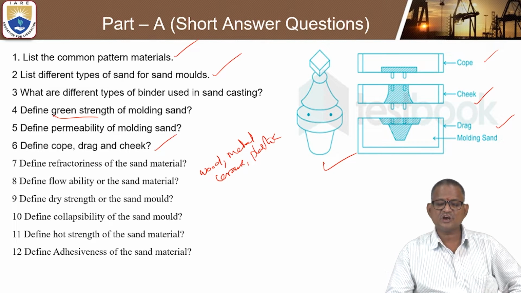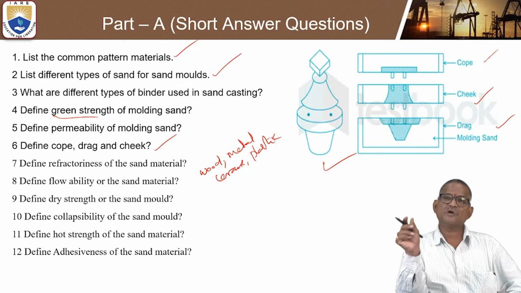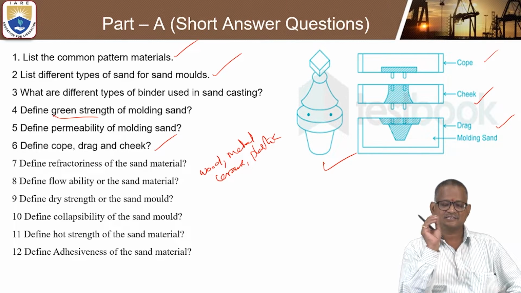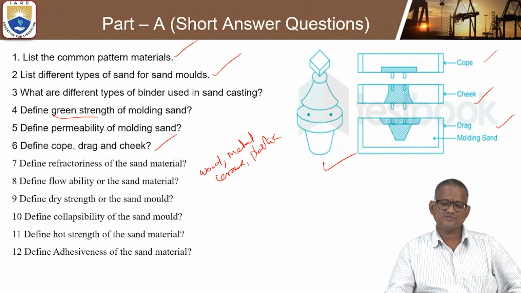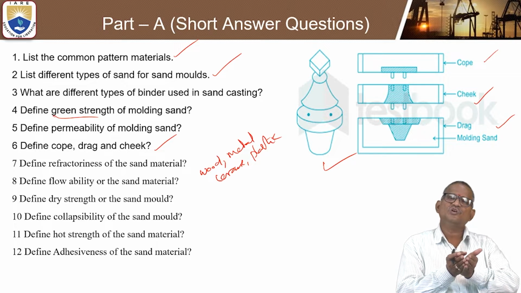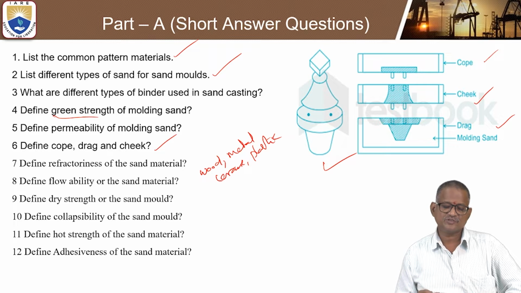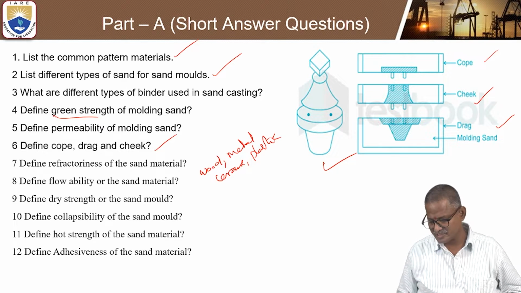But in the short answers, write up to the mark: dry strength means there is no moisture content. Flowability is about what composites or chemicals are added for free flow of the molten metal, and that is also one important thing.